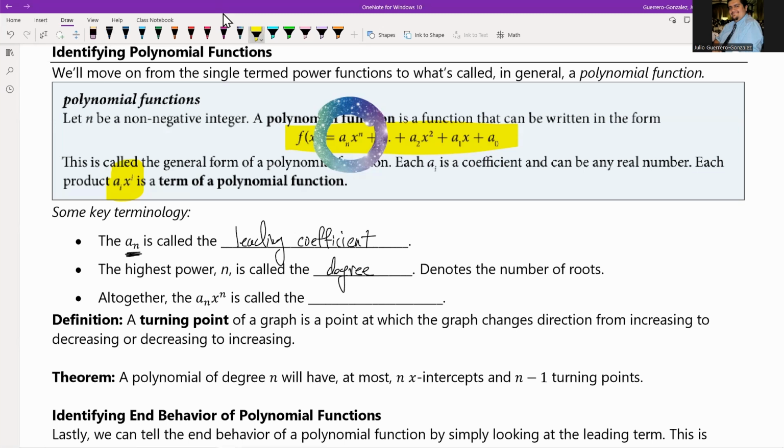And what that thing does, we'll study this a little more in a second. We are going to touch on it today in this section. It denotes the number of roots. And if you remember what a root is, the roots are the zeros, or the x-intercepts.